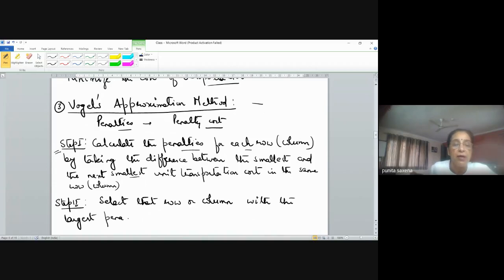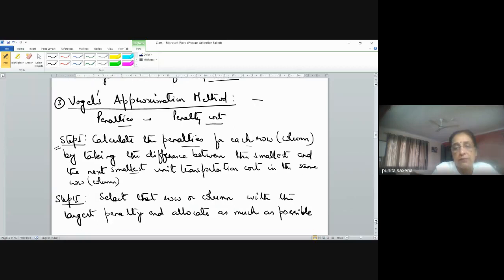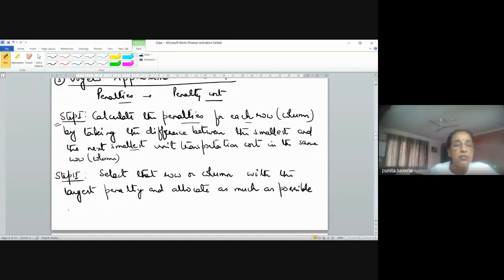Okay, where we are getting the largest penalty, right? Now this will make use of the least cost method also, in the sense that we select that row or column with the largest penalty and allocate as much as possible in the cell that has the least cost.